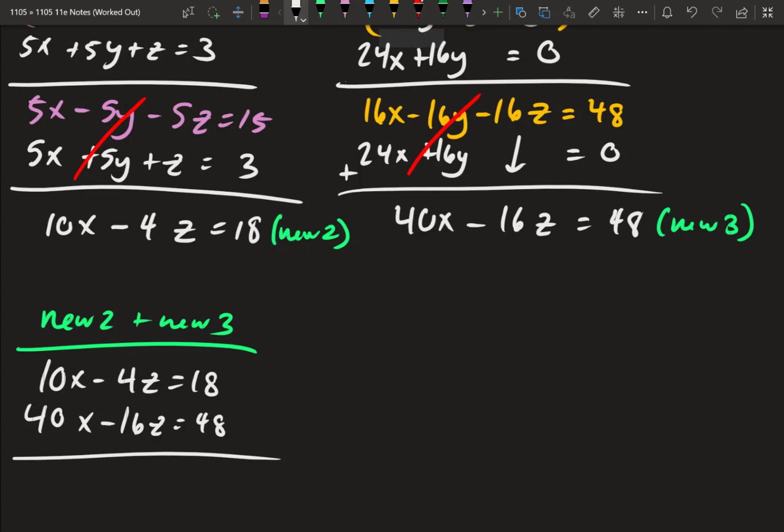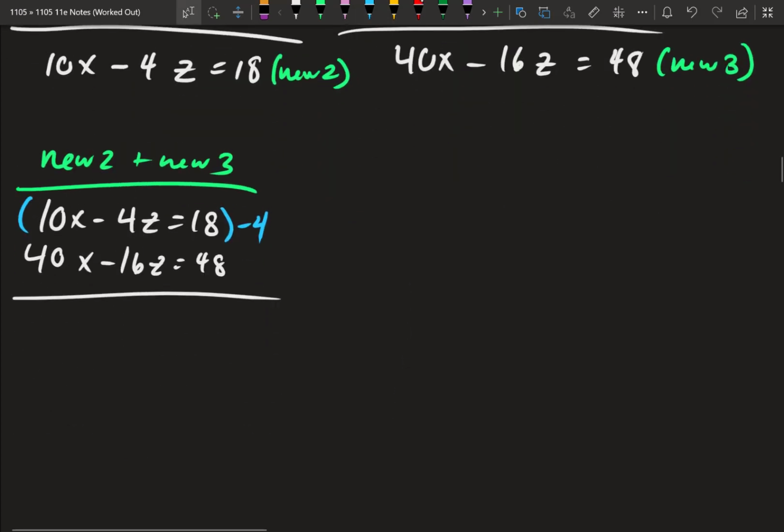They're the same sign, but I can make 4 be 16. So I'm going to multiply by -4. It's -4 because they need to be opposite signs. So -4 times 10x is -40x, -4 times 4z is positive 16z, and -4 times 18 is -72. We didn't touch the bottom.